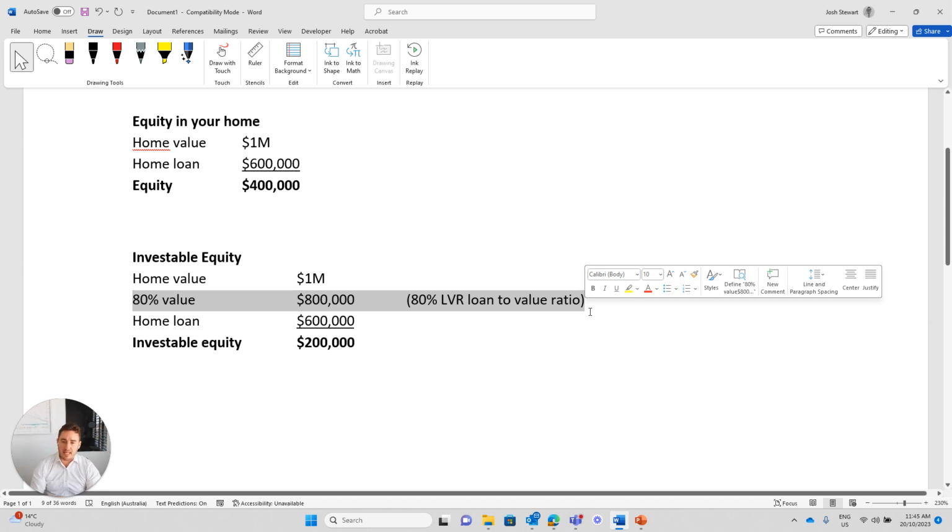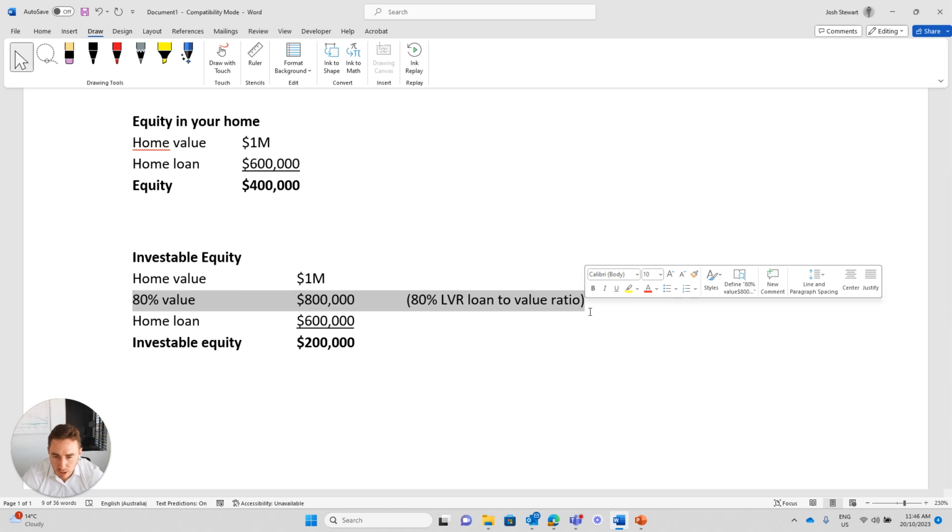The reason we calculate it based off 80% is because if you owe more than 80% on your home, you would usually be subject to what's called lender's mortgage insurance. So if the loan is too high or too close to the value, you can take loans out for that, but it'll be more expensive as it's a higher risk loan.